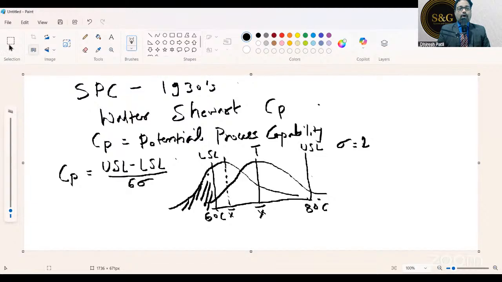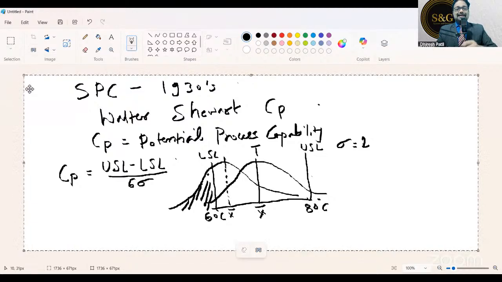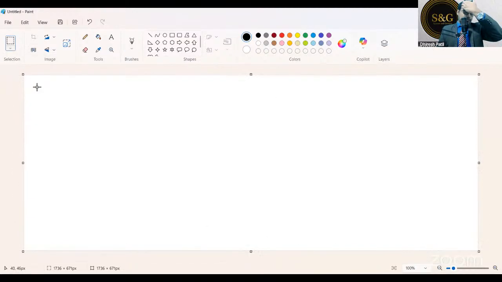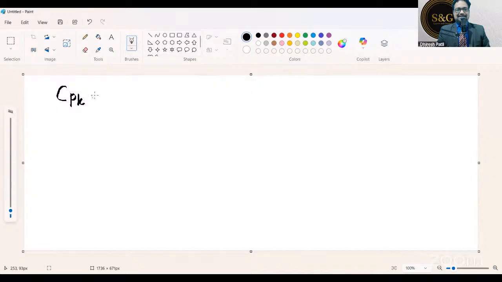So let's see the modified formula, which is called CPK. Okay, the formula is called CPK. So what is CPK? CPK stands for Process Capability Index.